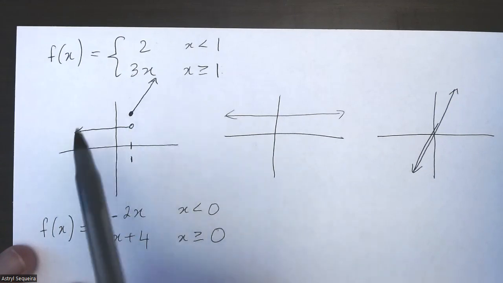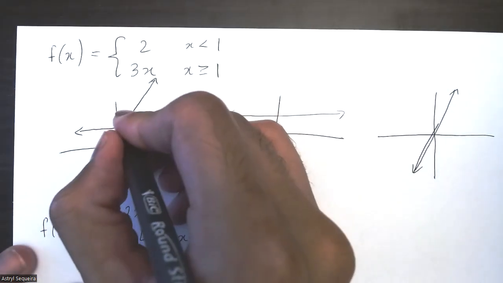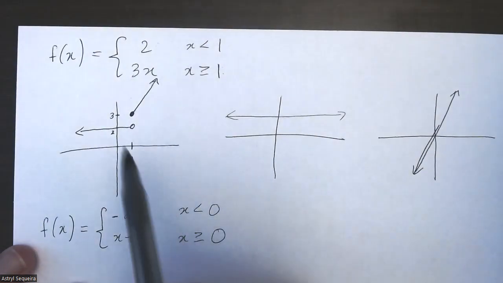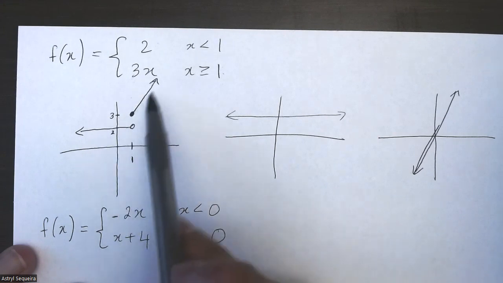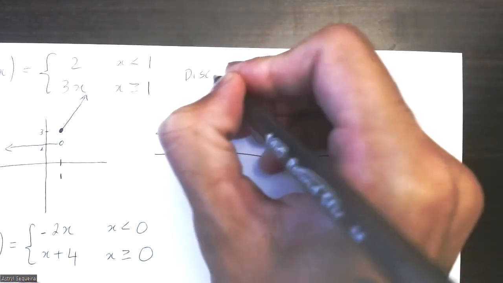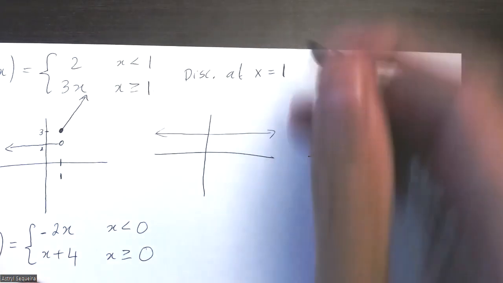And that's how you sketch a piecewise function. You can label the y values here. This is a y value of 2, and this is a y value of 3. Now you can tell that these two functions do not touch each other, which means that the function is discontinuous at x equals 1.